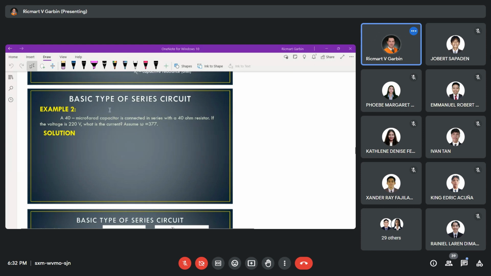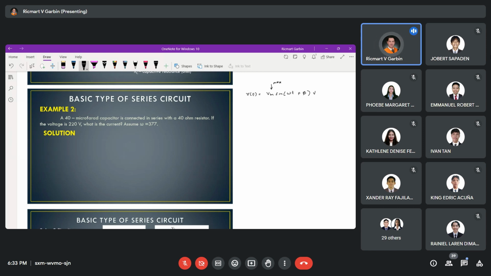Kapag ang given natin na voltage ay in this form, Vm, say for example, sine omega t plus a certain angle, di ba ito ay naka-maximum na. So wala tayong problema kapag nag-substitute tayo ng ating value.